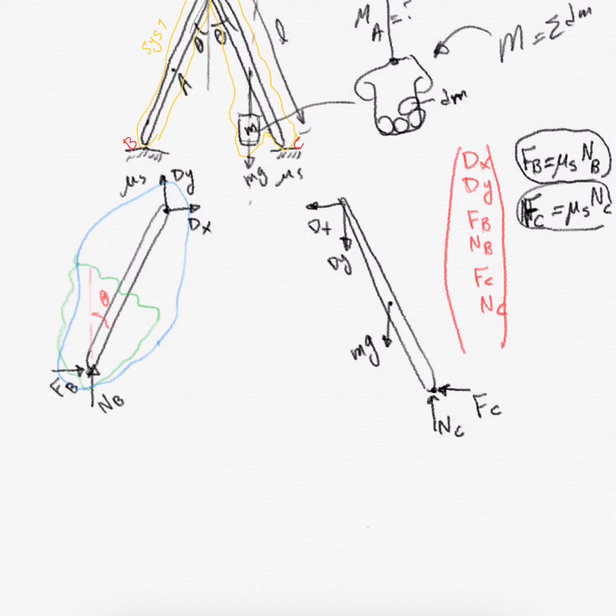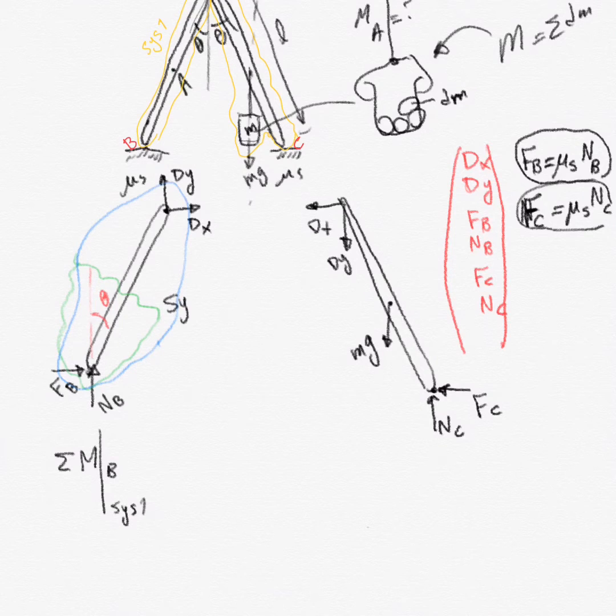So let's write moment equation. I know that I can generate six equations, but I want to save the time. So the first equation I write is summation of moment equation about point B in system 1.